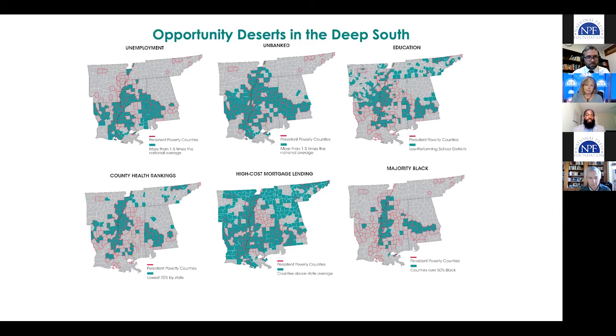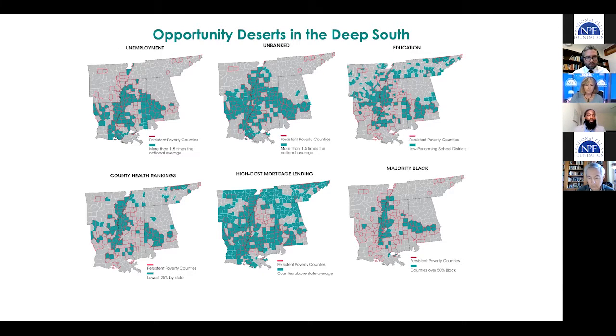And we also know that persistent poverty is correlated with other variables of opportunity. We see here we have unemployment, unbanked, county health rankings, education, and race, and then we have high cost mortgage lending.